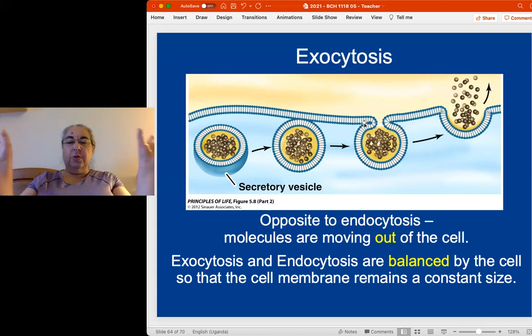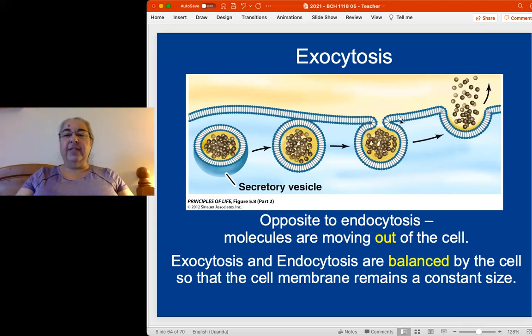The lipid molecules move and become part of the bilayer of the cell itself. And that allows the contents to be released outside the cell. Okay, so here it's moving towards the membrane, making contact with the membrane, fused with the membrane, and then opening out and releasing its contents on the outside.